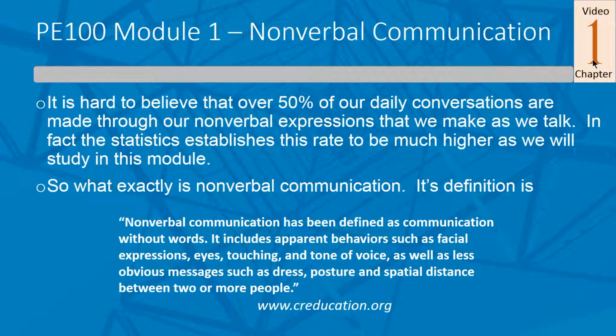This is just a definition I pulled off the internet from creducation.org, but it does give us a good example. Nonverbal communication has been defined as communication without words, and here we're saying that over 50% of what gets conveyed is exactly that, without words.